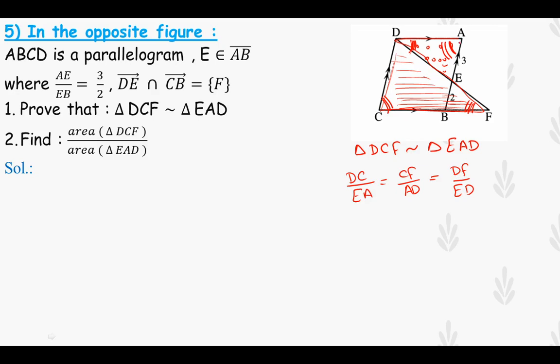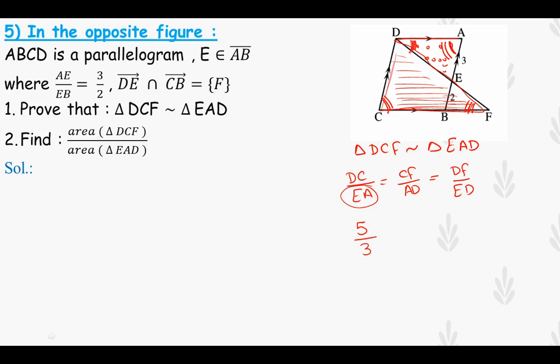Here we know the length of AE is 3 centimeters, and DC is unknown, but in any parallelogram each two opposite sides are equal in length, and AB has length 5, so DC is also 5. So DC equals 5 and EA equals 3.